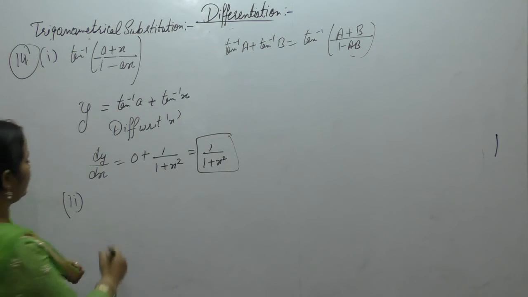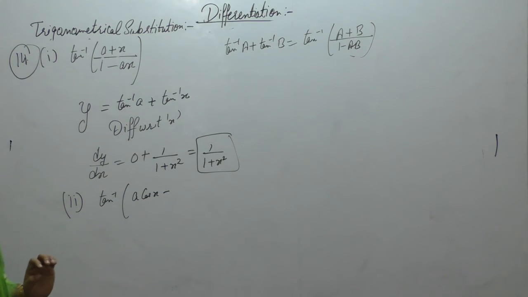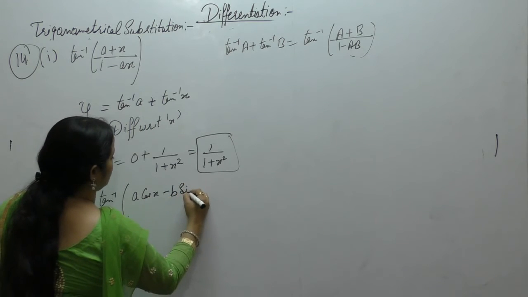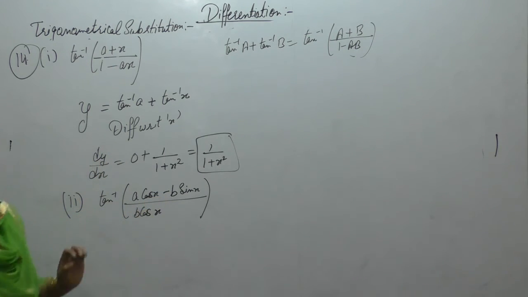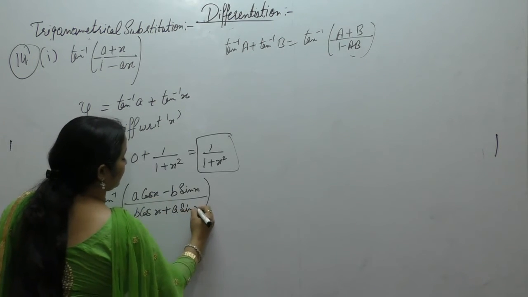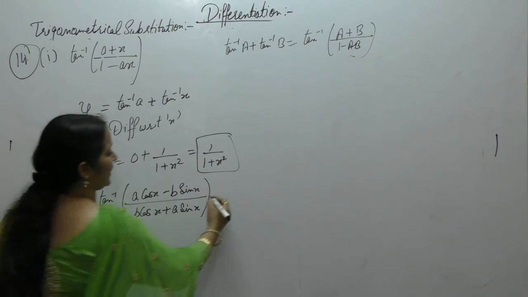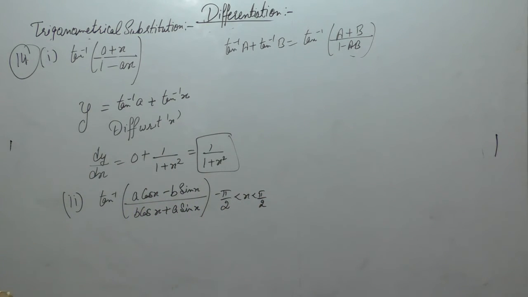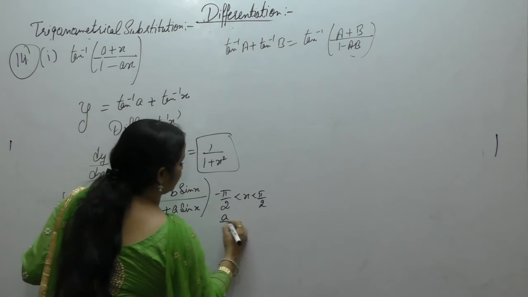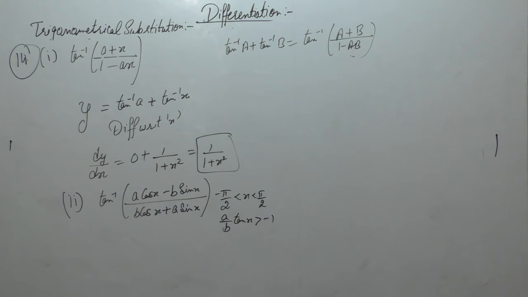Second part is tan inverse (a cos x minus b sin x) upon (b cos x plus a sin x), where minus pi by 2 is less than x less than pi by 2 and ab tan x is greater than minus 1.